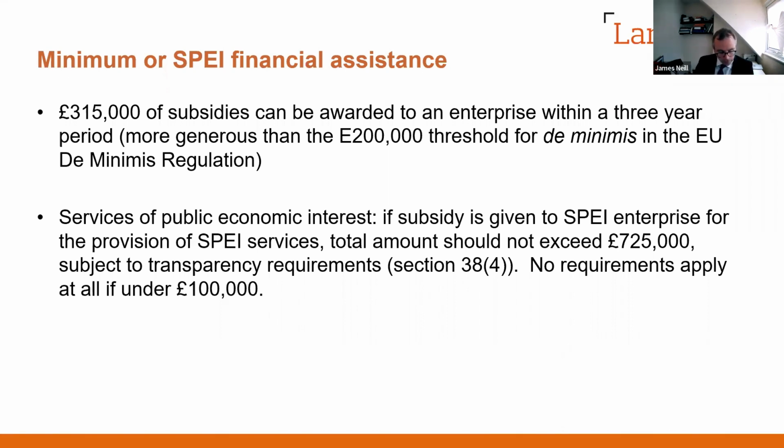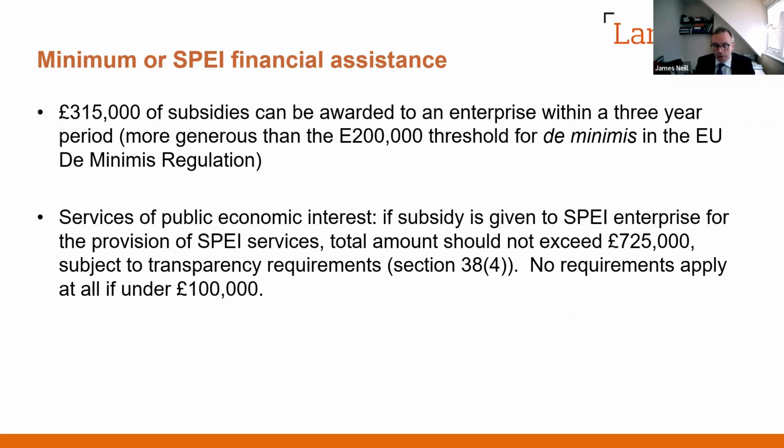But then, under the same provisions dealing with minimal financial assistance, if a subsidy is given to an SPEI enterprise for the provision of SPEI services, the total amount should not exceed £725,000.